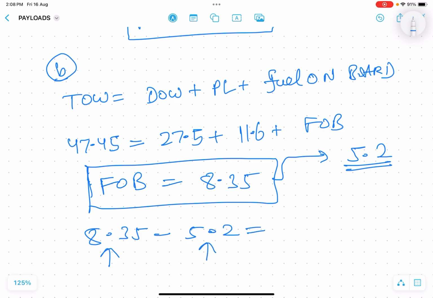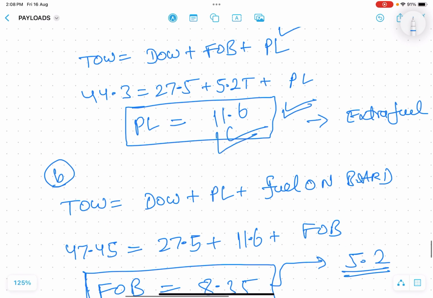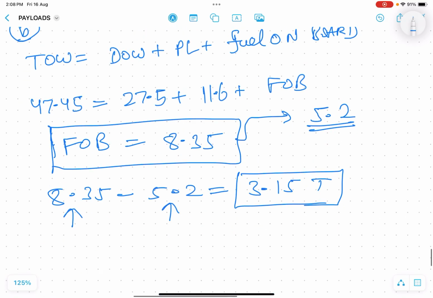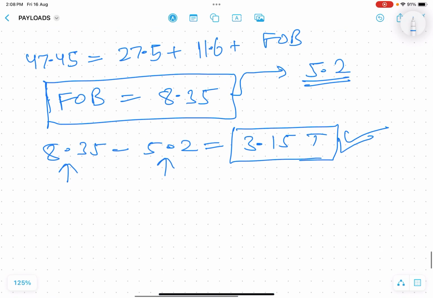So what is the scope of extra fuel? The difference of this will be 3.15 tons. So we can carry 3.15 tons of fuel with the same payload, 11.6. So this is the answer for part 1, and this will be the answer for part 2.